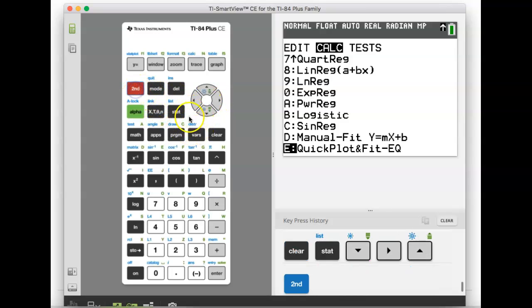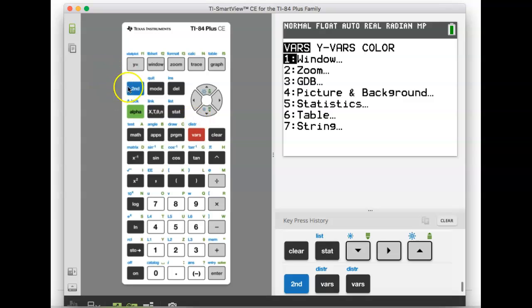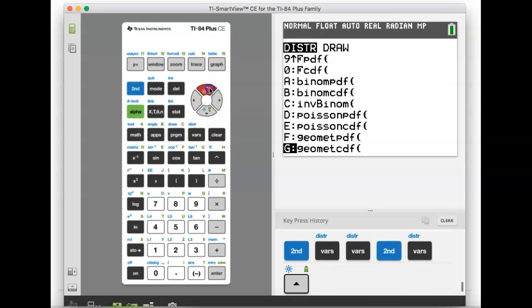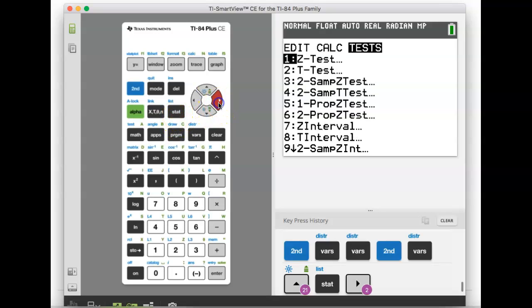Go to stat tests. Whew. So stat and then all the way over to tests. And we haven't gotten into tests. Right now we're talking about intervals, right?